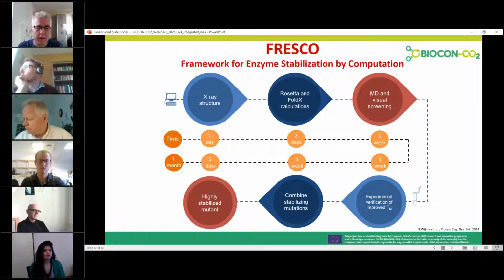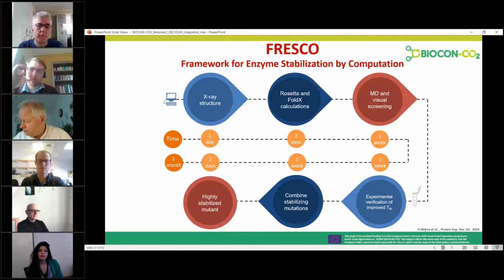Nowadays there are hundreds of thousands of protein structures, so it's not so uncommon to have a structure of an enzyme. With that, we have calculations done, mainly using Rosetta and FoldX packages, but we can also include disulfide bonds if desired, or consensus sequence analysis.